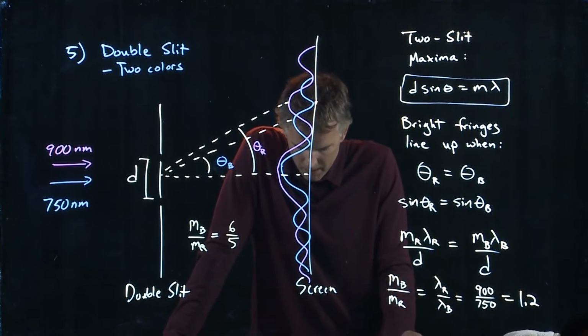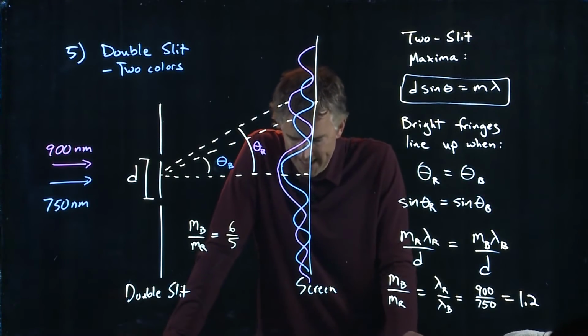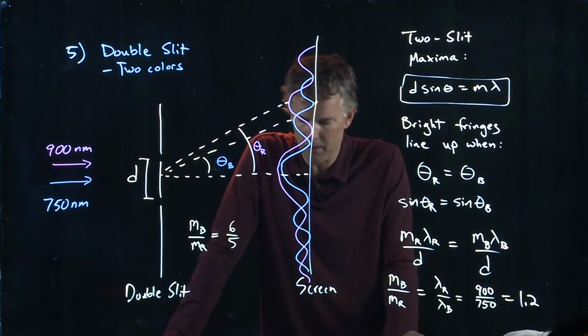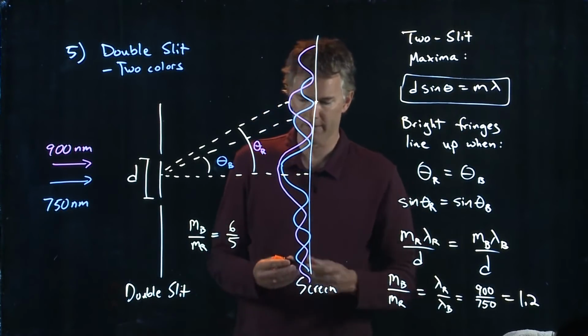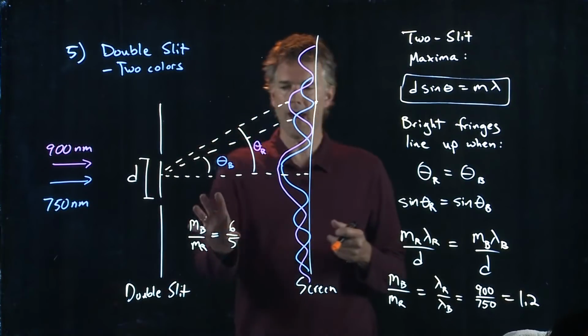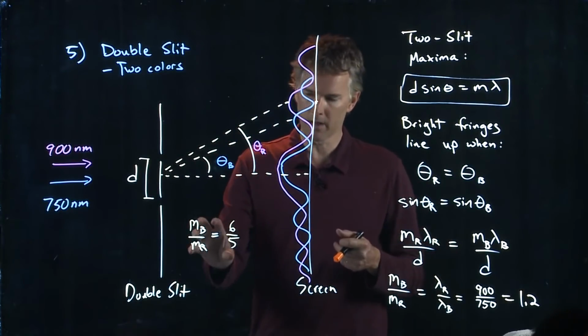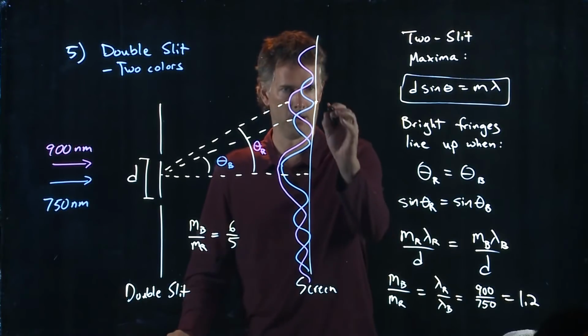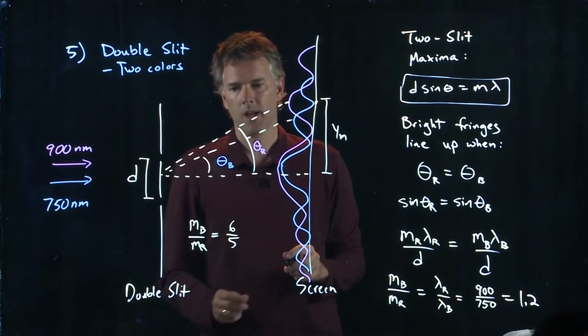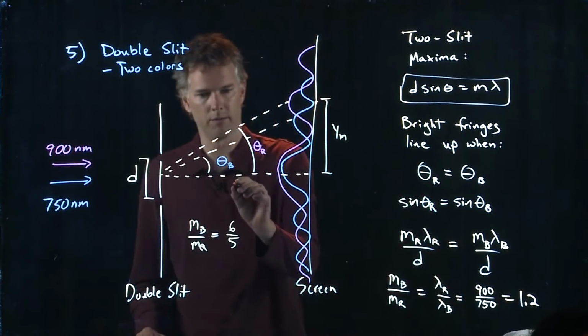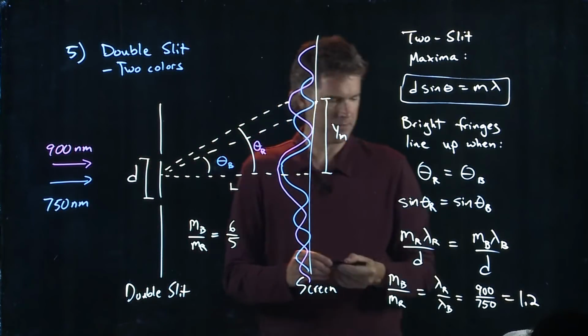And the question was, at what distance from the central maximum on the screen will a bright fringe from one pattern first coincide with a bright fringe from the other? And so now that you know one of these, you can just pick the height here, y m, and now we just need to do a little bit of trig to figure out what that corresponds to.